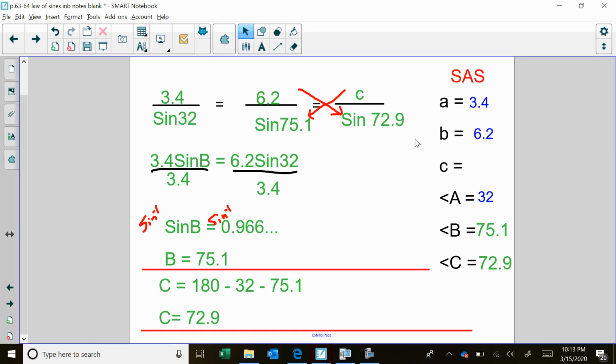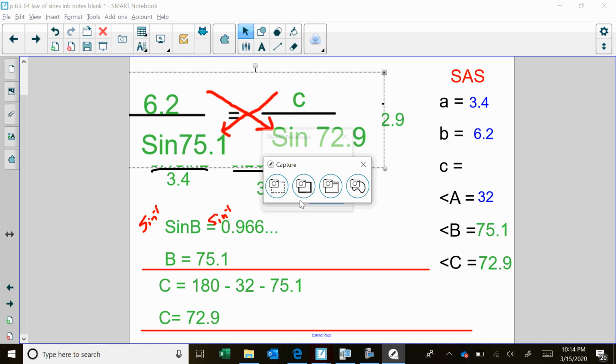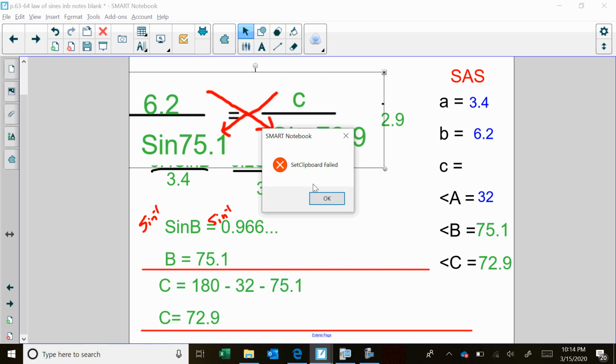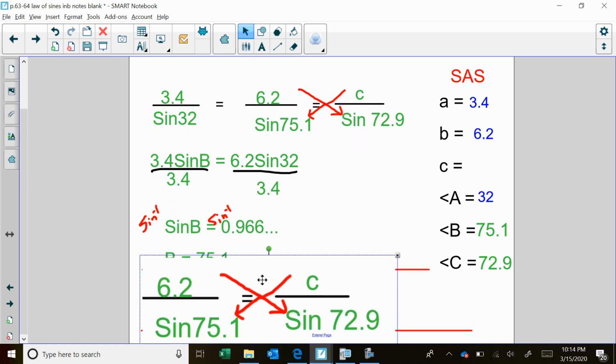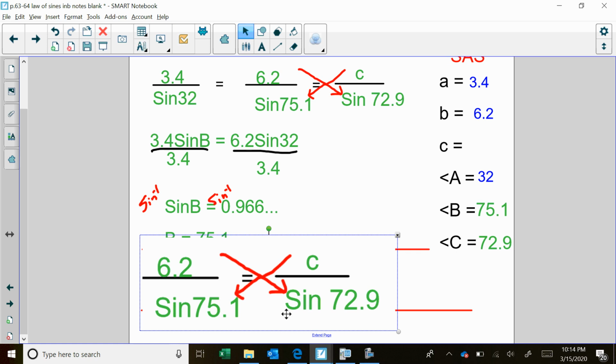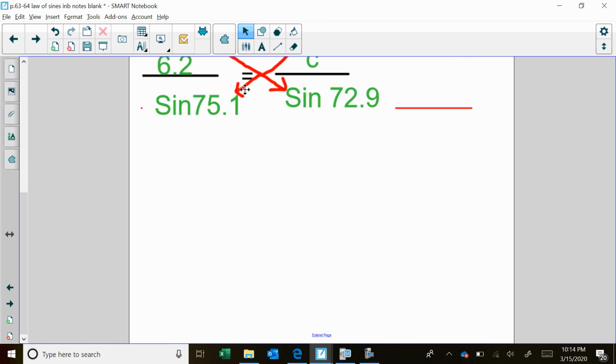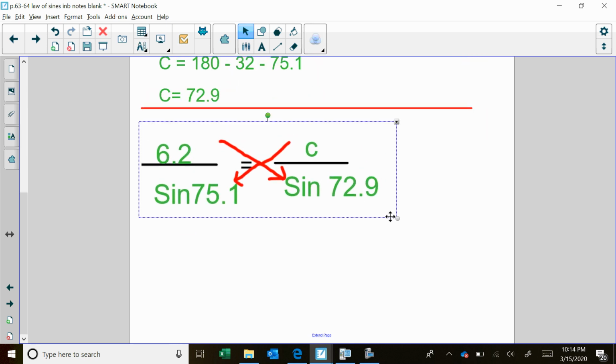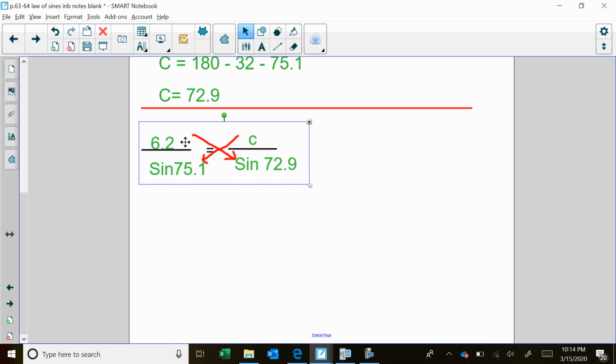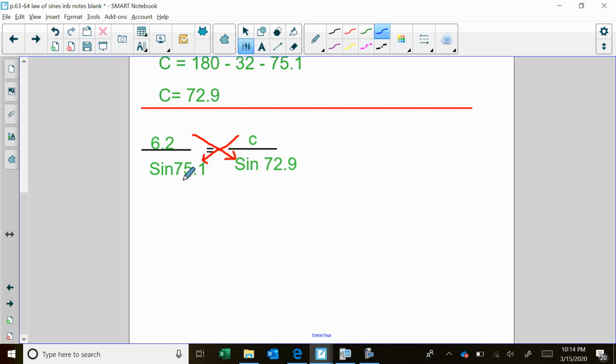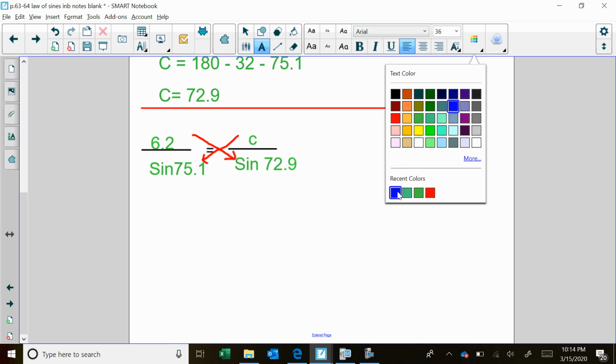You can replay this all night. Move this down to the bottom so we have room to work. Okay, so we'll cross multiply. Make sure we're in blue.